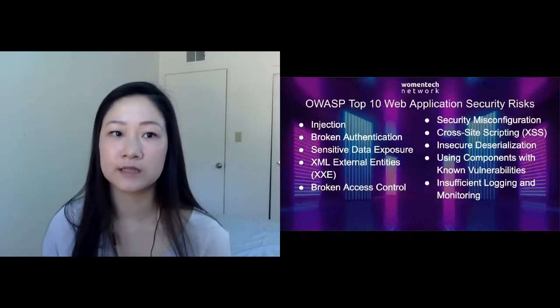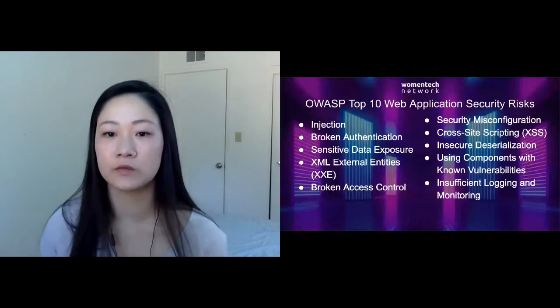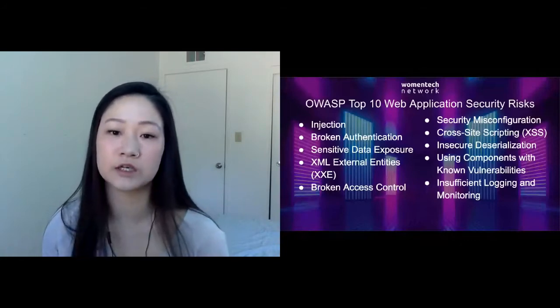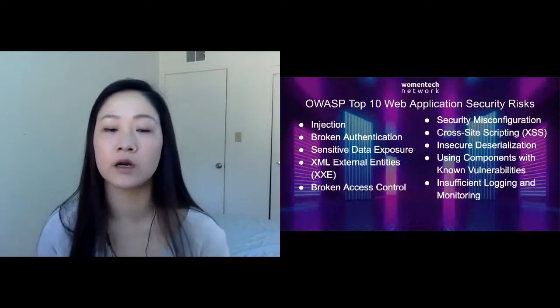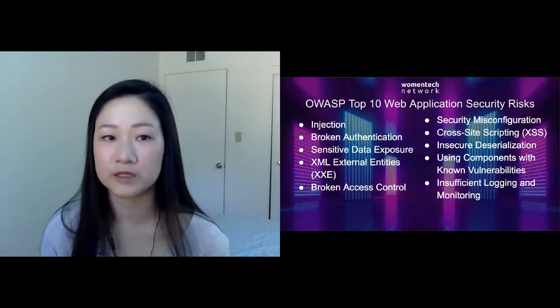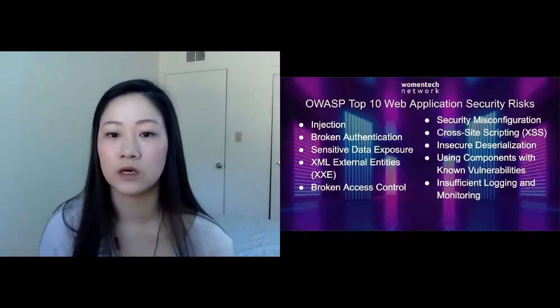Insecure deserialization often leads to remote code execution. They can also be used in conjunction with some of the other attacks or some of the other flaws here to perform other attacks, as I mentioned.